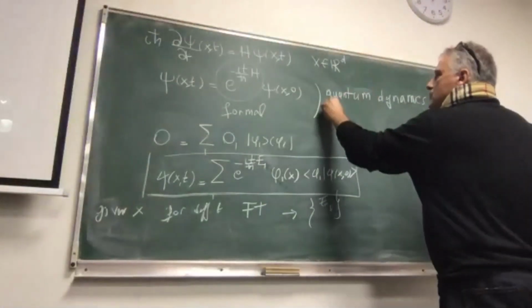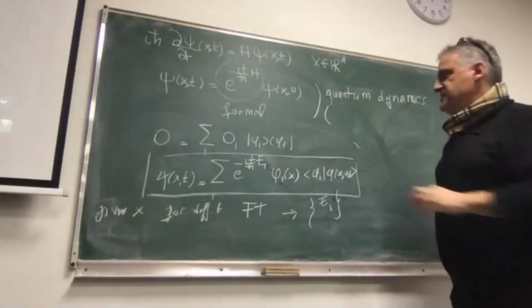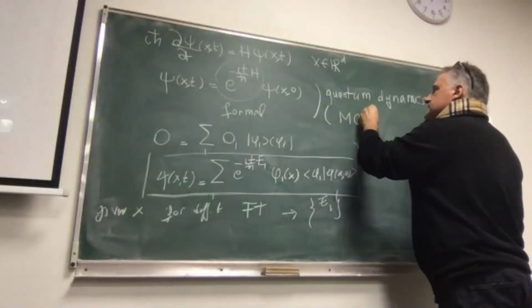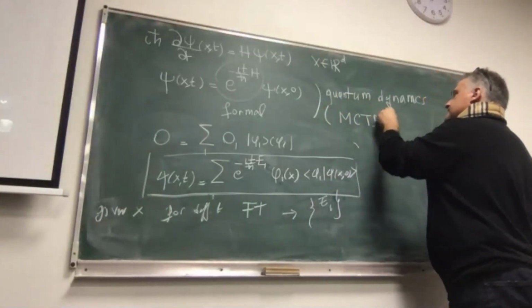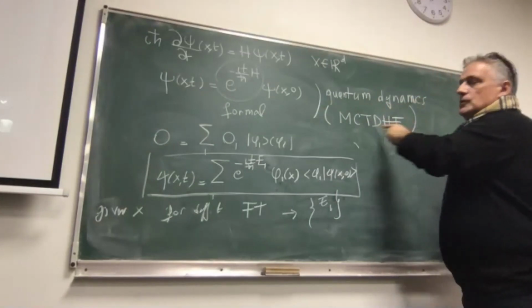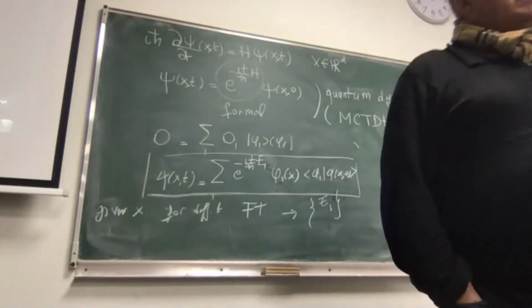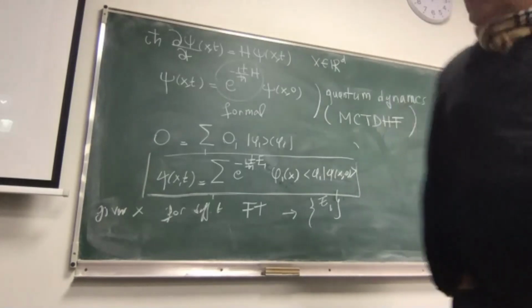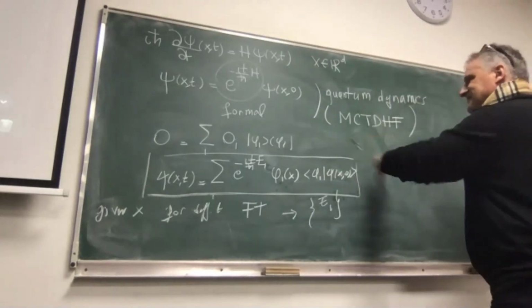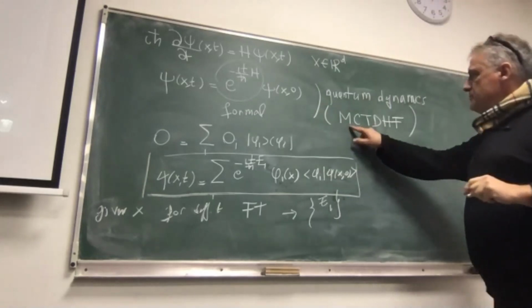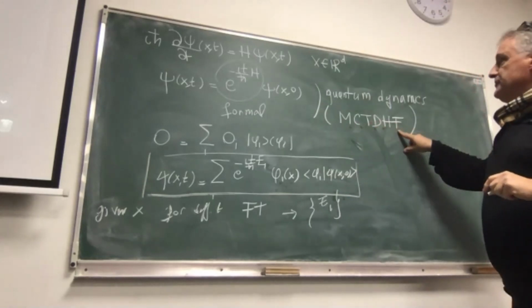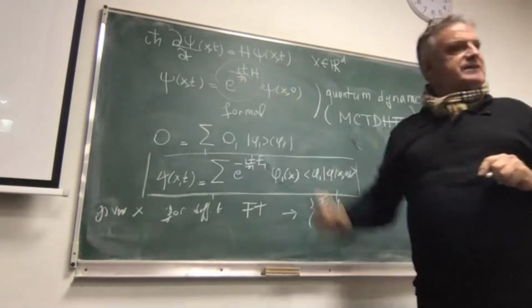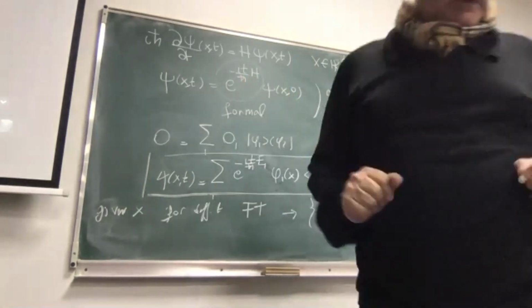For example, probably the most well-known method is MCTDHF, which has been developed by the group of, I forgot his name, Cederbaum, which is multi-configuration time-dependent Hartree-Fock, which is one way of solving that. But it's hard.